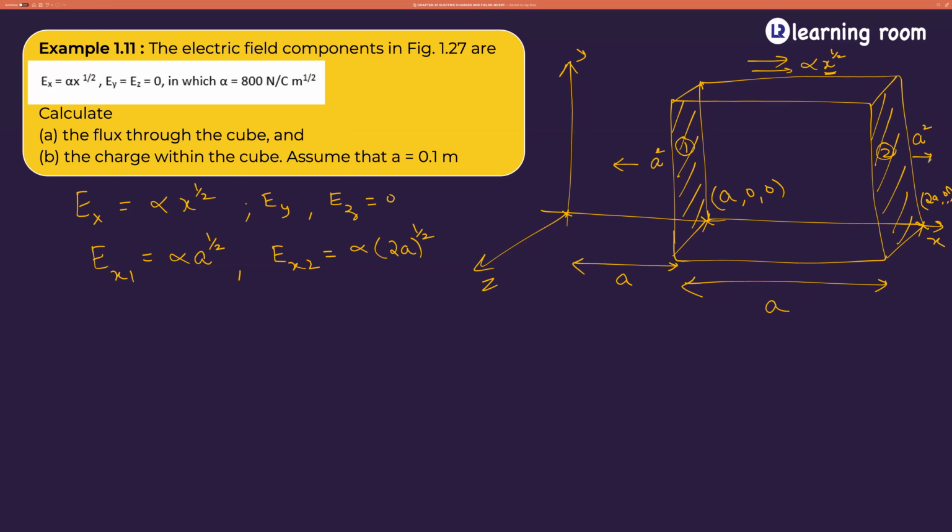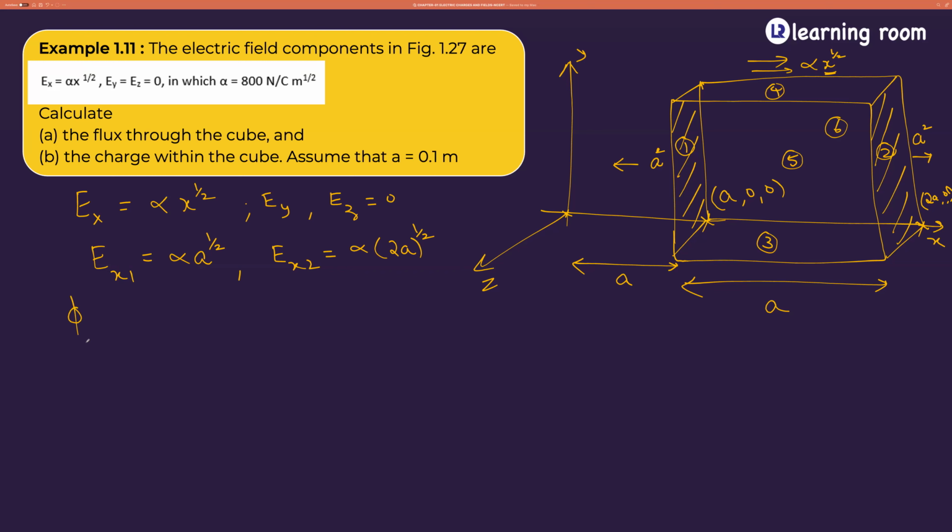Now, since electric field is confined only to x direction, if I take the bottom as the third face, the top I'll take as the fourth face. The one which is coming towards us is the fifth face, and the one which is at the back is considered to be the sixth face. Right? Now, this is how the structure is going to be.